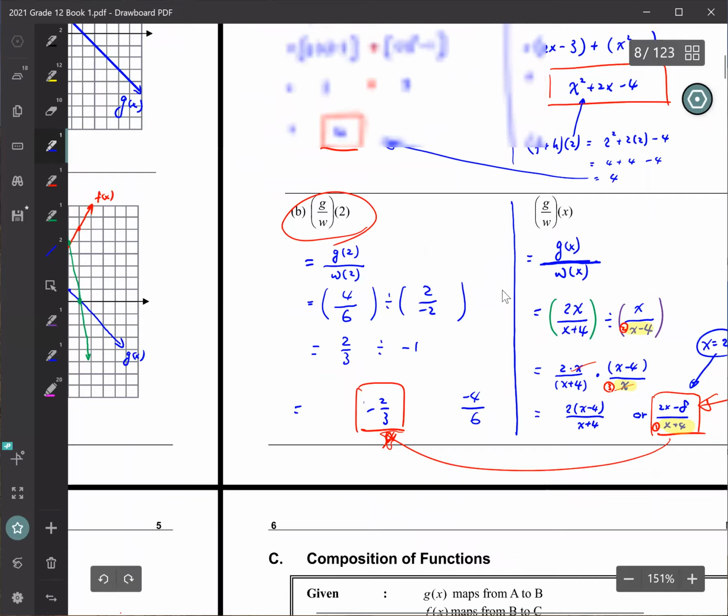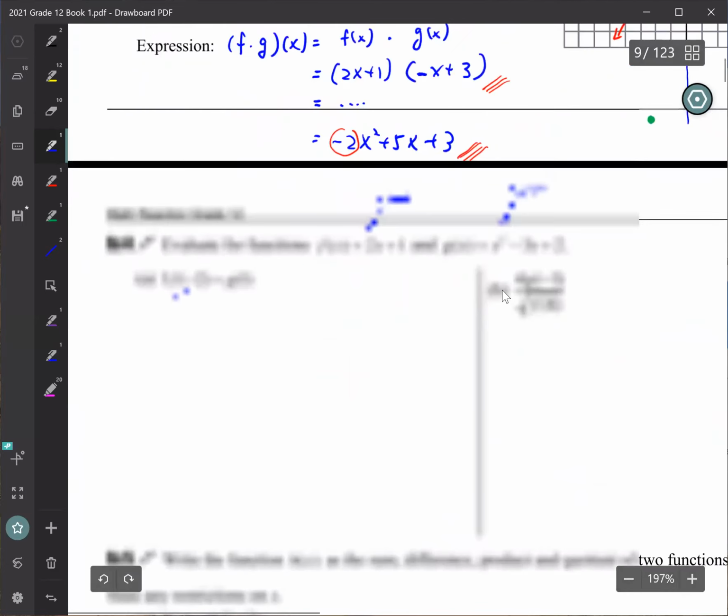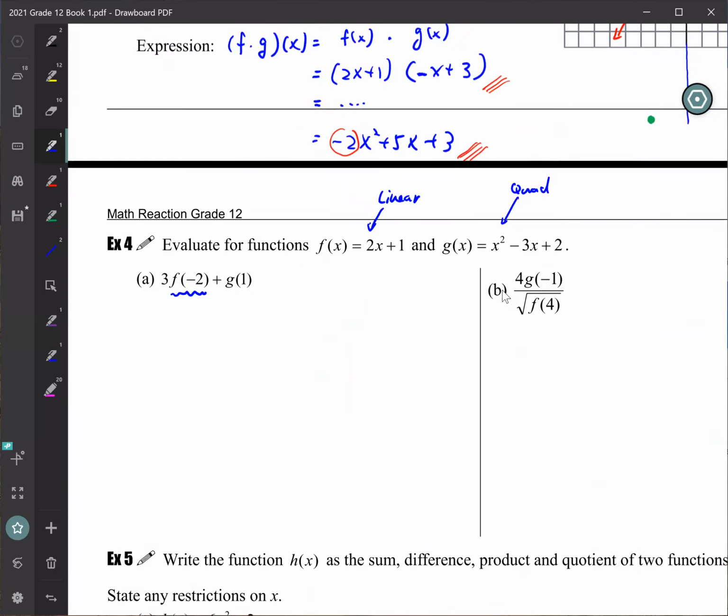So what it's asking you to do is to take 3 multiplied by f of -2 plus g of 1. Pretty straightforward. You just need to follow your order of operations.